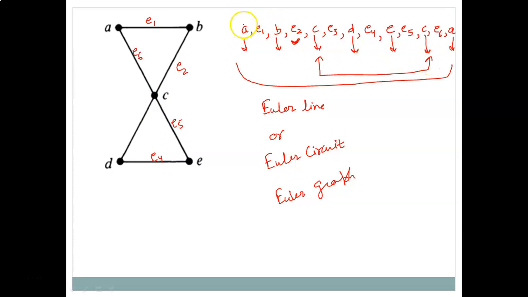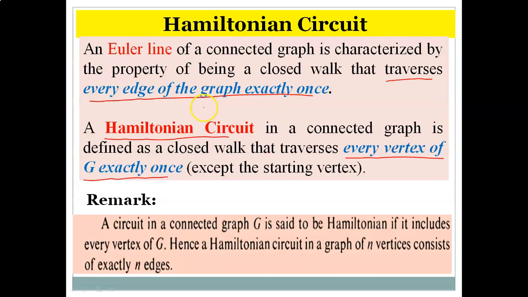However, the initial vertex will be repeated, but in between also the vertex C is repeated. Vertex C has been traversed twice. Therefore, this is not a Hamiltonian circuit. In fact, it is the Euler circuit only. So this is the difference between the Euler line, Euler circuit, and the Hamiltonian circuit.